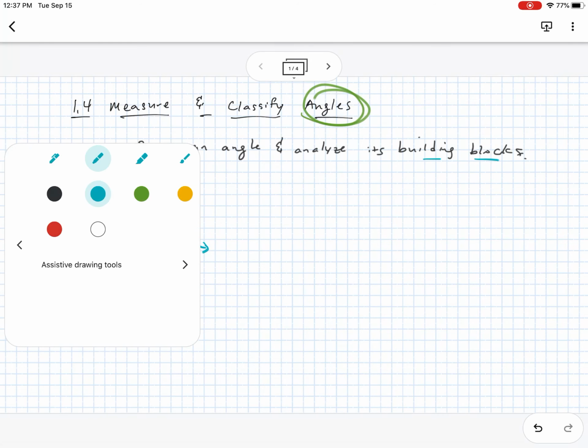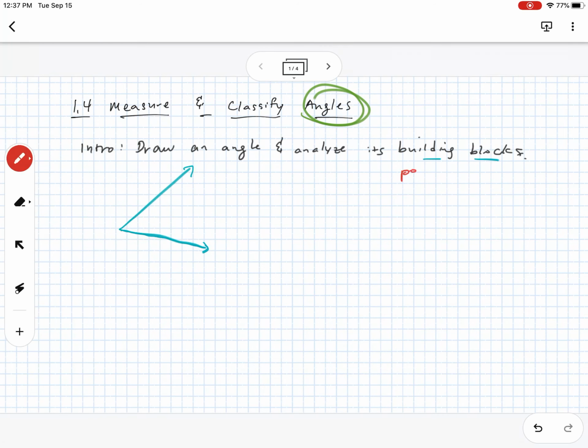For example, we've talked about points, lines, segments, rays, and planes as being the building blocks of geometry. Even when we look at an angle, we can see that there are two rays heading this way, and they're connected at their endpoint.